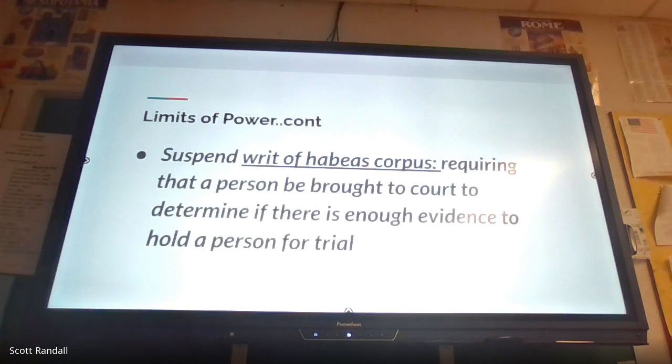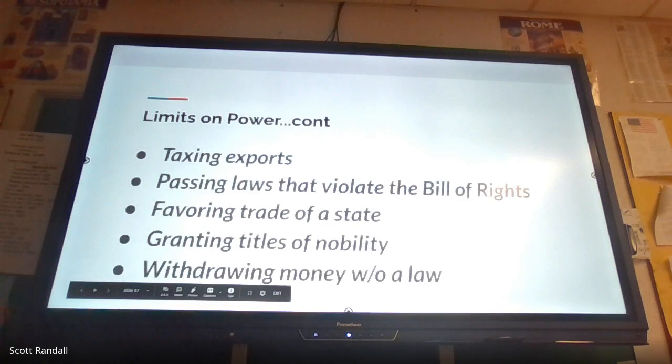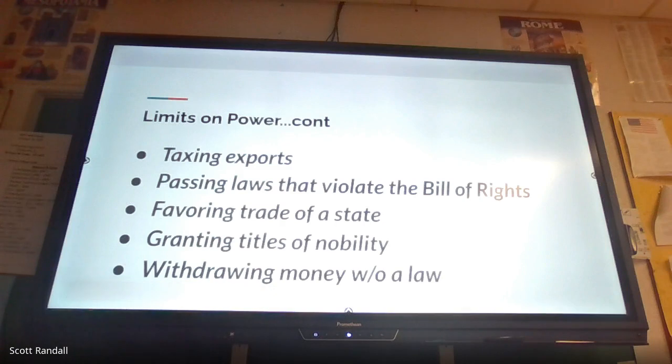All right, these are the big three listed that Congress cannot do. But again, fine print. There is fine print that in certain circumstances allows for this to happen, if you will. And then also you can't tax exports. That would be kind of stupid, because you're not generating revenue.